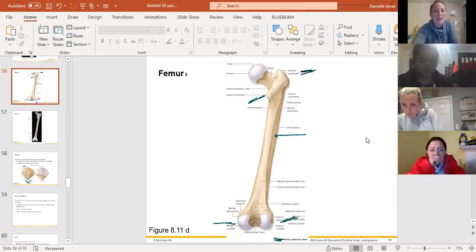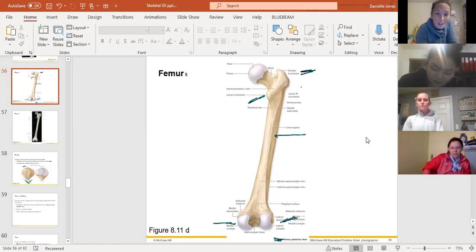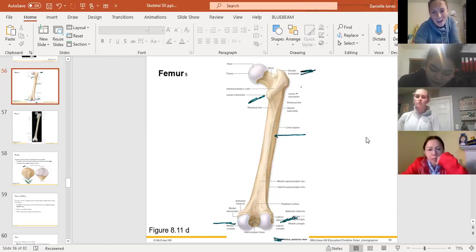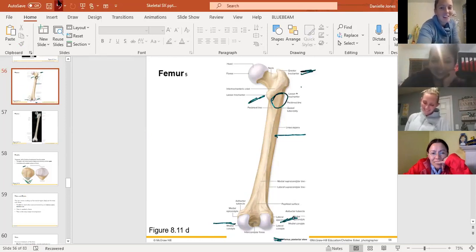It starts way up near that greater trochanter. It does have different names, but don't worry about it at this point because you don't need to know those other structures. I'm really bummed because this is my favorite structure right here. It's the gluteal tuberosity, where the glutes, the big old booty, attach. But that's okay. I won't quiz you on that one. So that's the linea aspera right there on the posterior side.